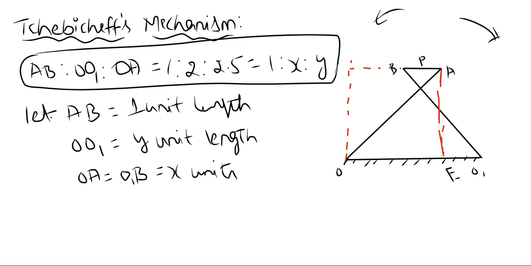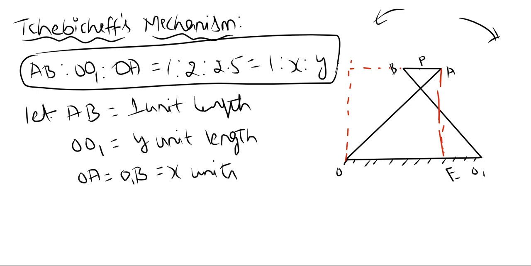Here the positions of A as well as B will transform into new positions. Whenever this AB link moves from its position, we obtain some new positions, because O1 is a fixed link, whereas the displacement takes place along the link lengths.